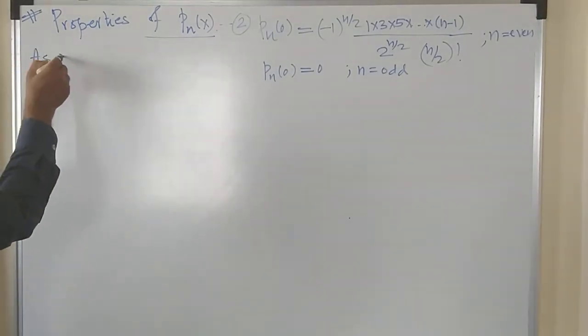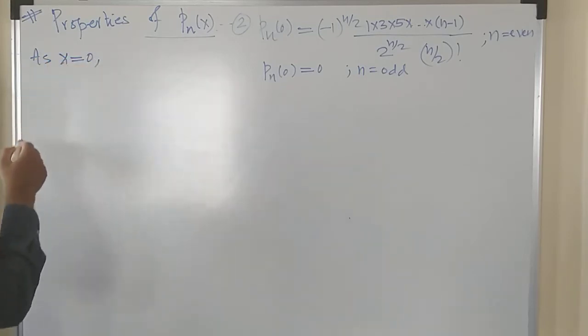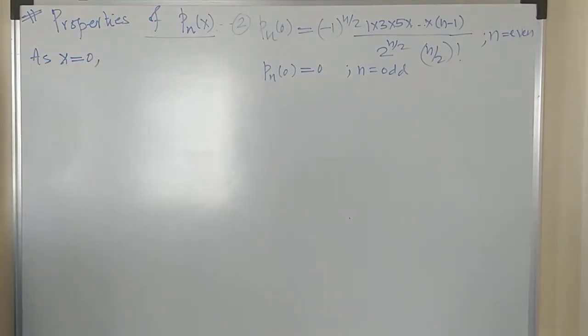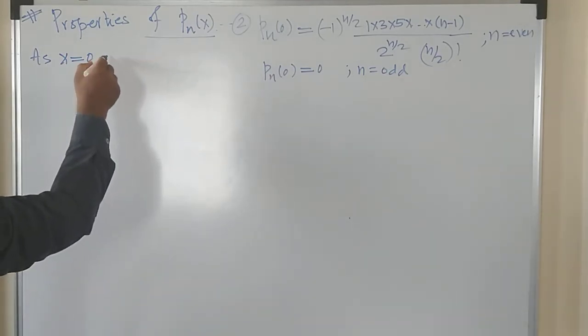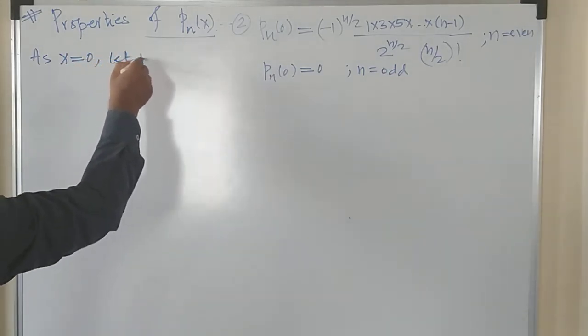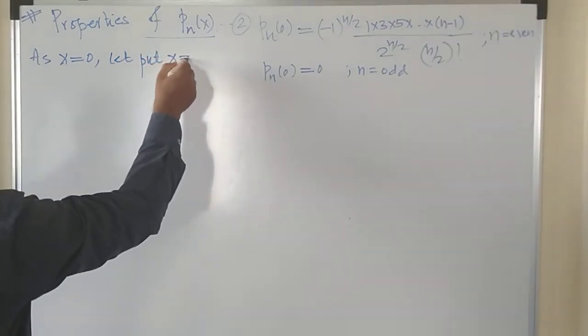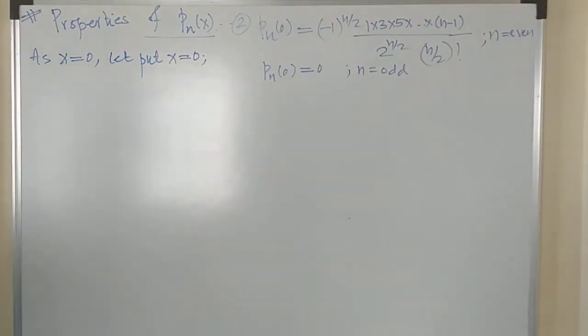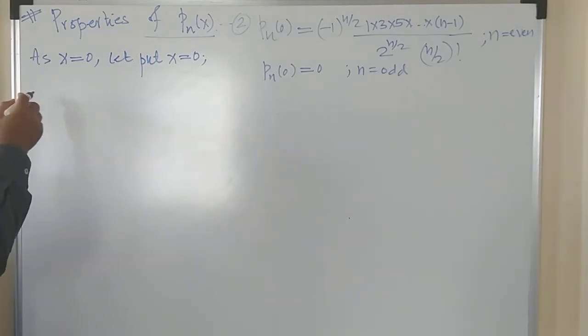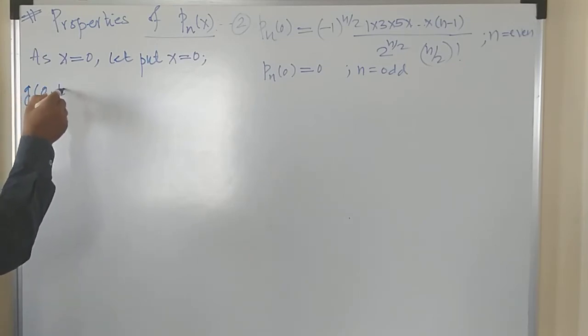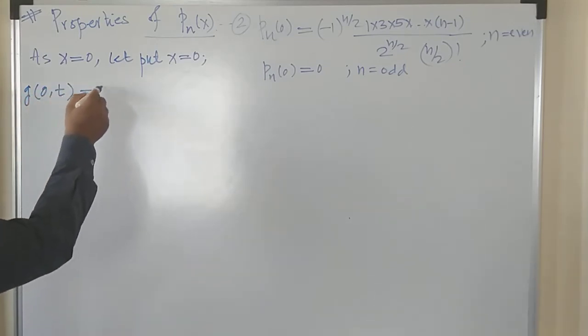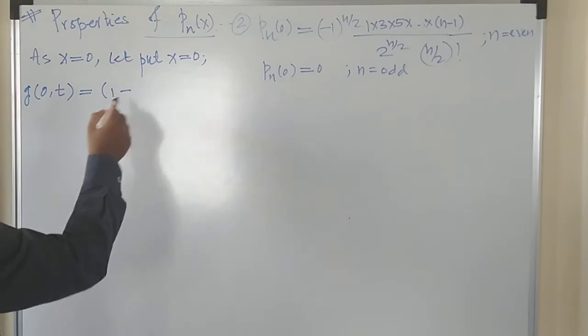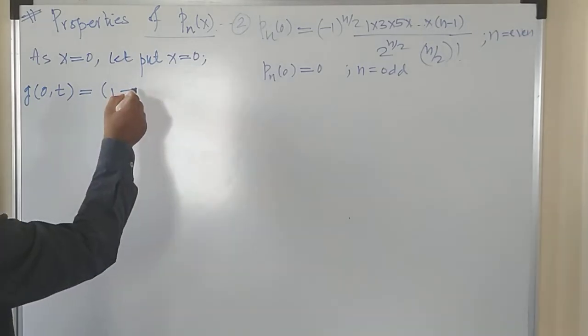So I can say as x is equal to 0, put the value of x equal to 0 into this equation. So let us put x equal to 0 into the generating function formula of the Legendre polynomial, and therefore this will give you g of 0t, which is equal to 1 minus 2xt plus t square, right?